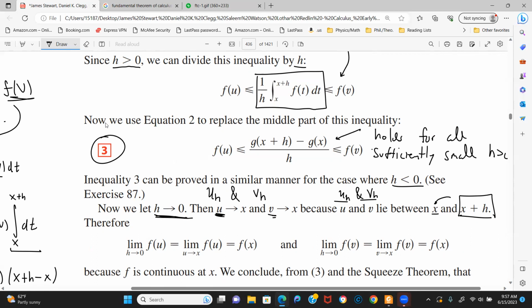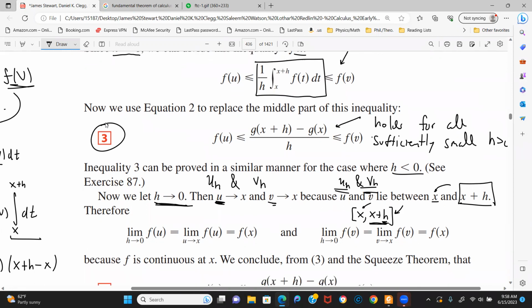Suppose x is positive and our h is positive. So you're looking at this interval right here. And these numbers right here have to lie in this interval. But as h is getting smaller, this right endpoint is approaching this endpoint. So it's like any number is getting squished down to x, right?